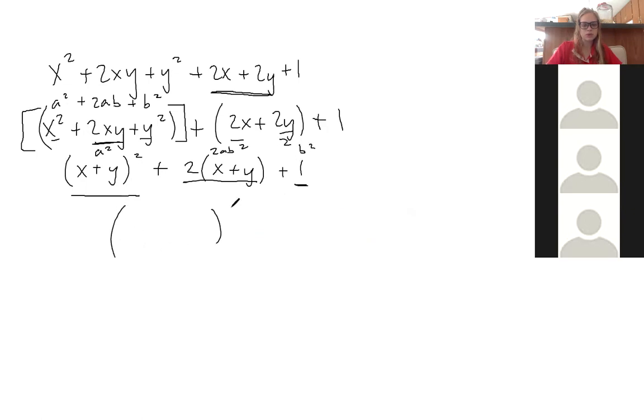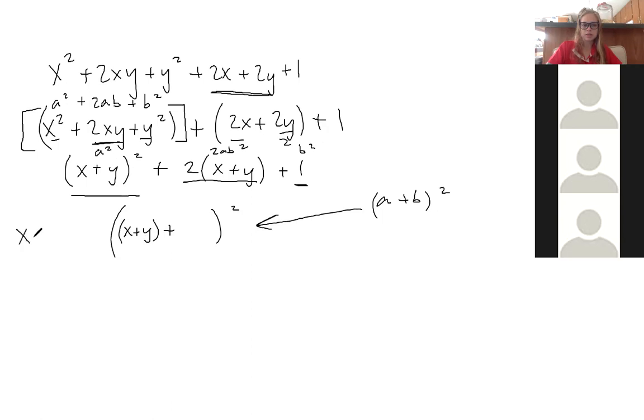So what would this look like if I want this in the form a plus b squared? So this is what I want my answer to look like. What would this be right here? X plus y.